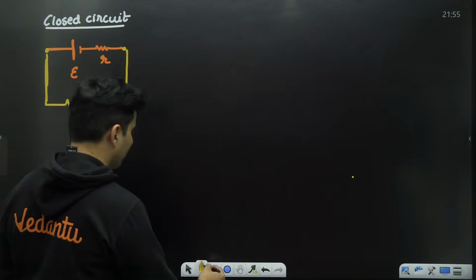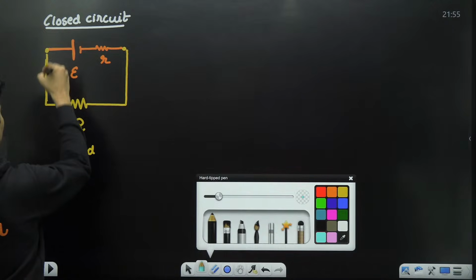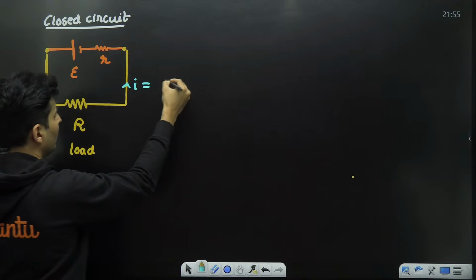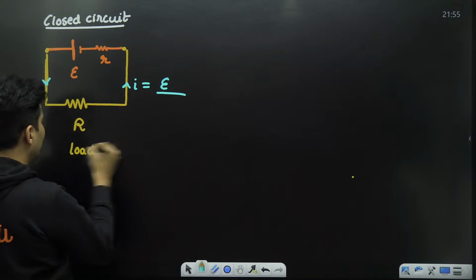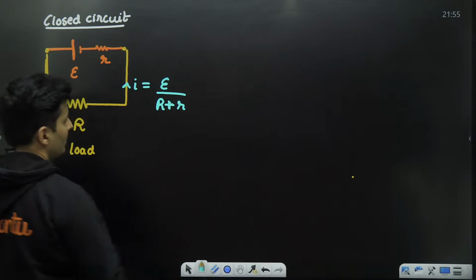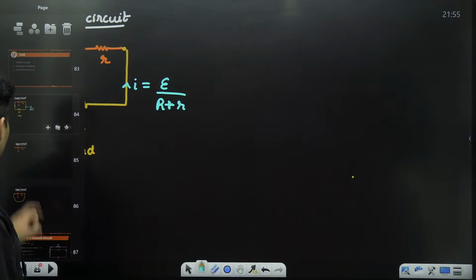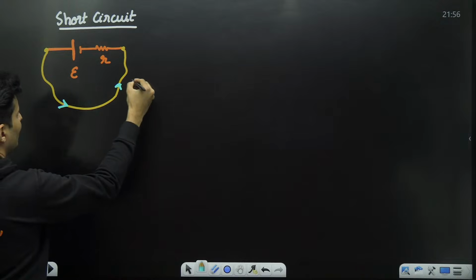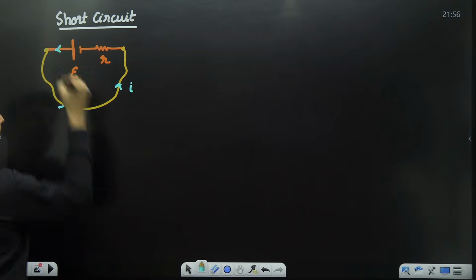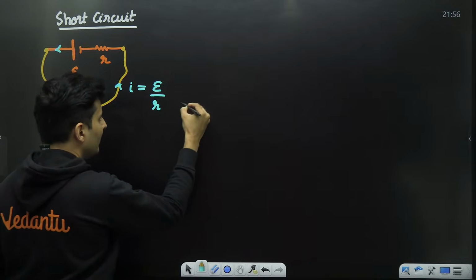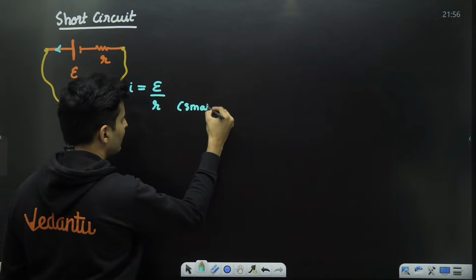When you have a closed circuit, the current will go like this, and this current will be the total voltage divided by the equivalent resistance, which is R plus R. But the moment you have a short circuit, the current you are expecting to go through this battery is the voltage divided by the internal resistance. Usually, this is going to be very, very small.